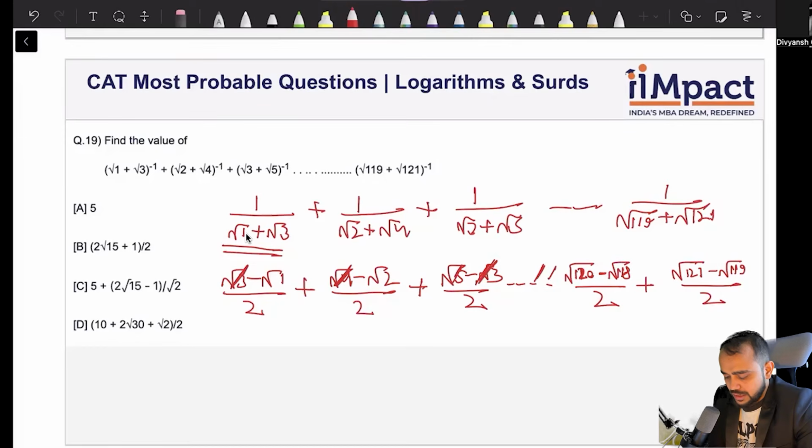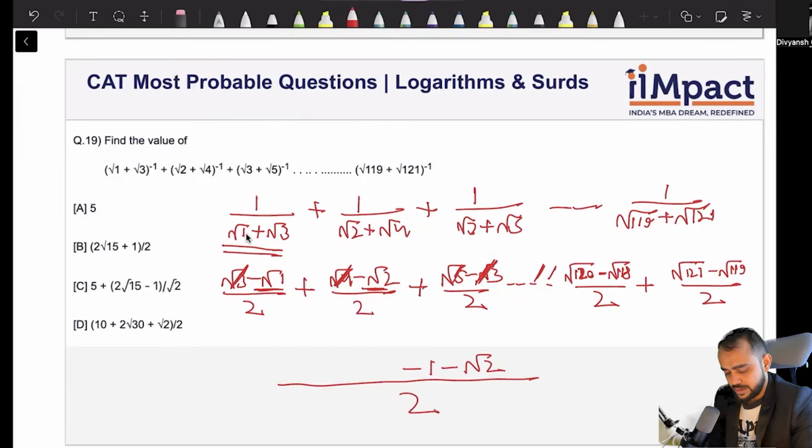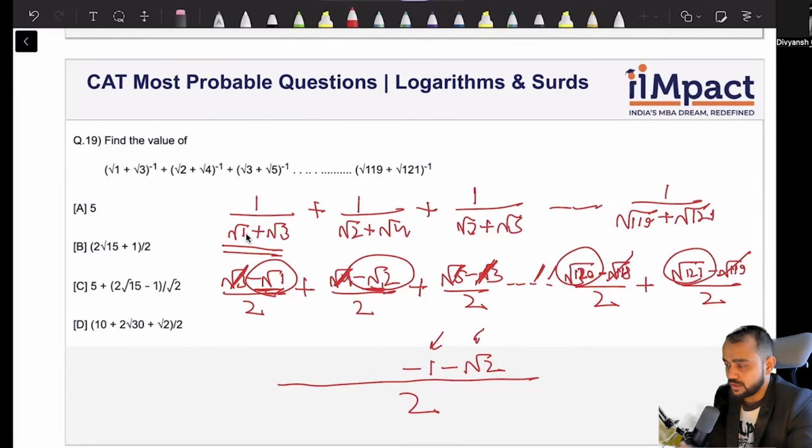So what are the terms that will remain? You will have minus root 1 and minus root 2 remaining, minus 1 minus root 2, whole divided by 2. These terms will remain. Root 119, root 118 will cancel out, because you had two terms surplus here of negative, which means I will have two terms surplus here from the positive. So 11 plus root of 120 minus 1 minus root 2 by 2 is going to be my answer.